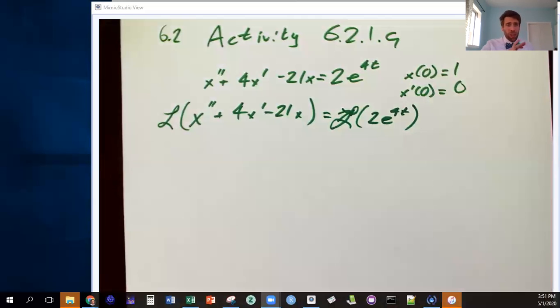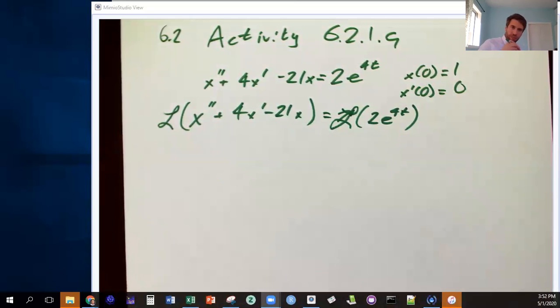Now, at this point, remember the table right under section 6.1.4 in your book? Feel free to use that. Ain't nobody got time to do the Laplace transform from scratch every day, you know? Once you've done it, we trust you. You can use the table now.